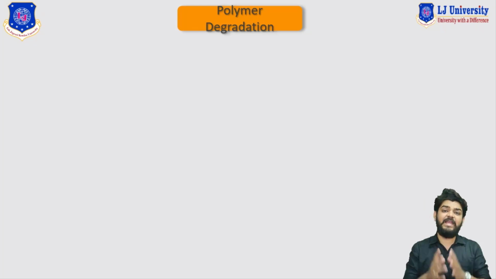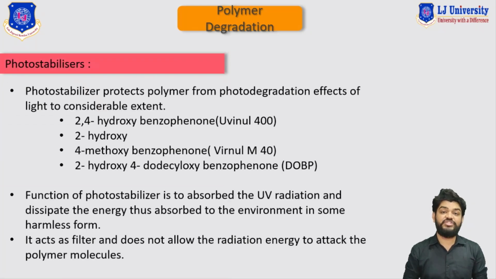So is there any method by which we can reduce or actually prevent the photodegradation of different polymers? Well, of course, there are substances called stabilizers, or we can say photostabilizers, which are used to prevent our polymer from photodegradation.